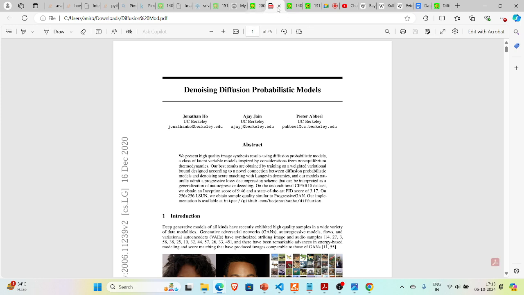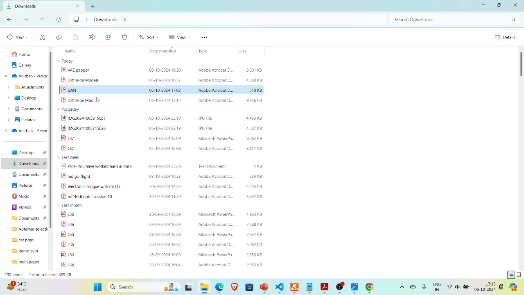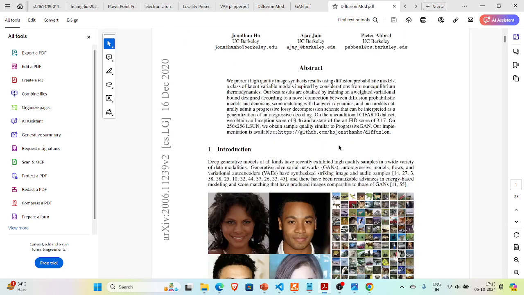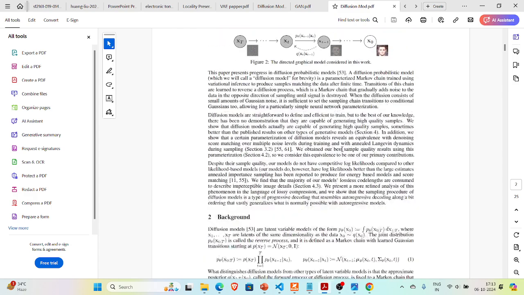Now we cover the most important paper here, the latest model, the diffusion model. This was the first breakthrough paper for diffusion.